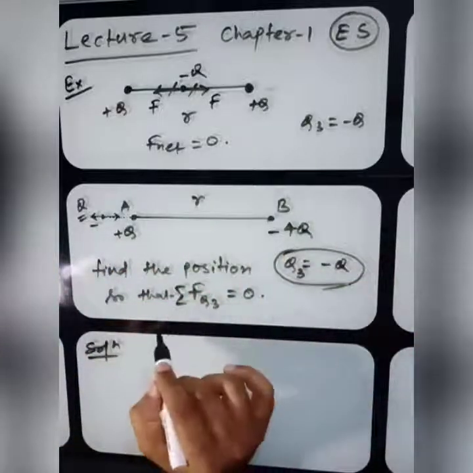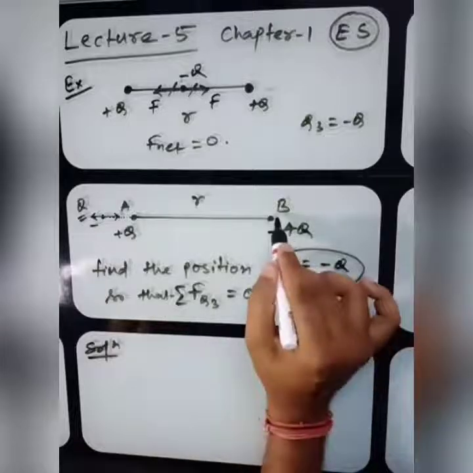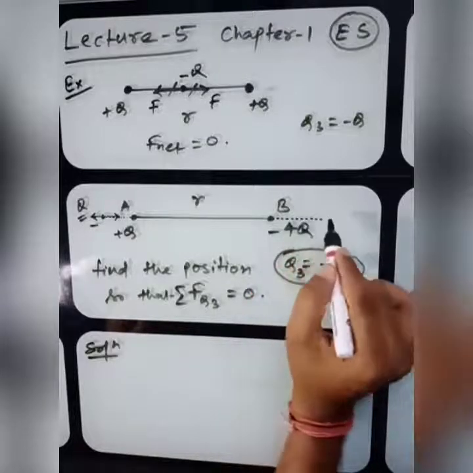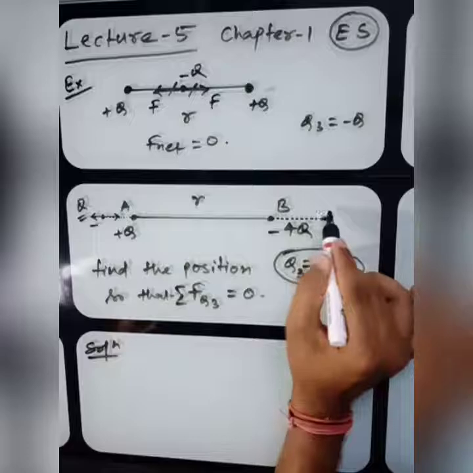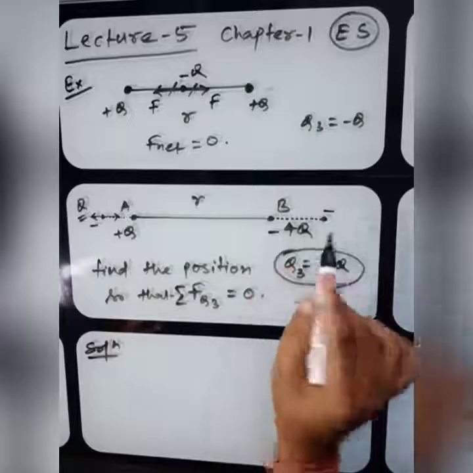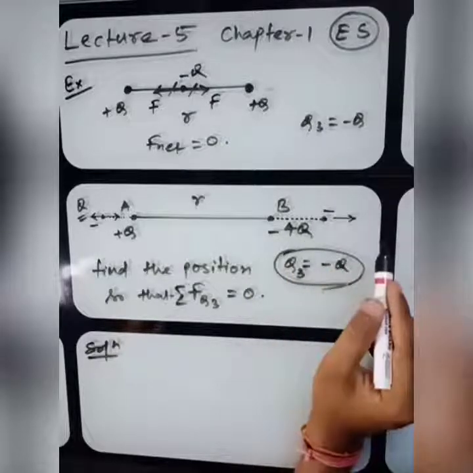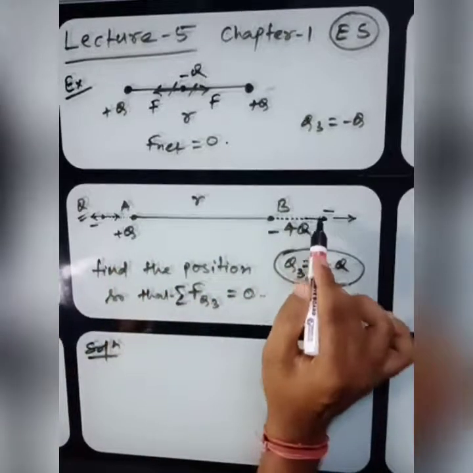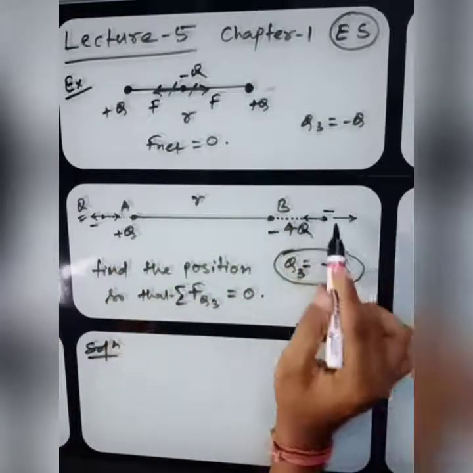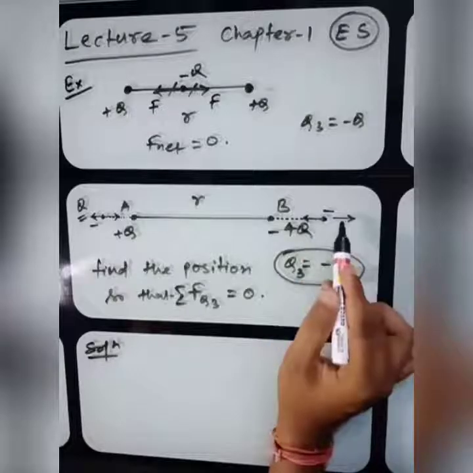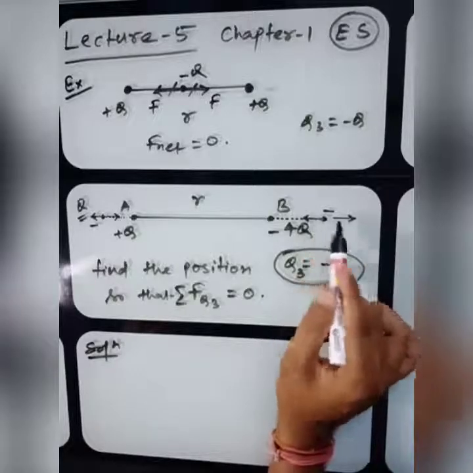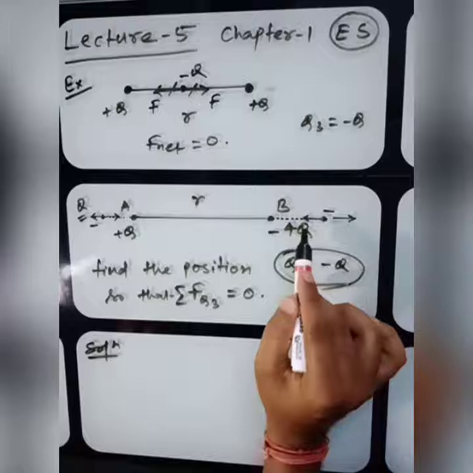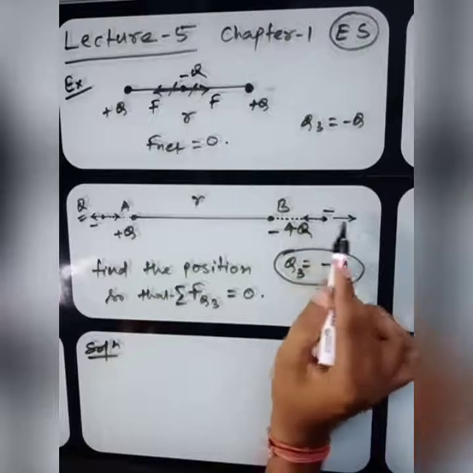But one can say, sir, we can place this negative charge over here also. How? Minus and minus repel each other. Very good. And this minus and this plus will attract each other. Now again we have two forces in opposite directions. Why not, sir? These two will cancel out each other. Of course, they might cancel out each other.